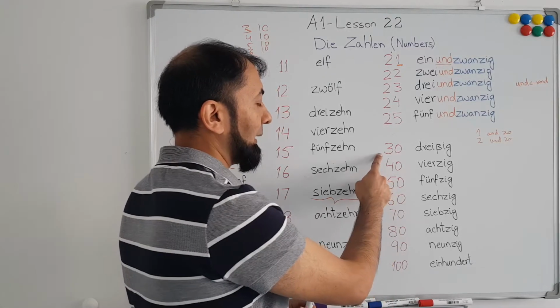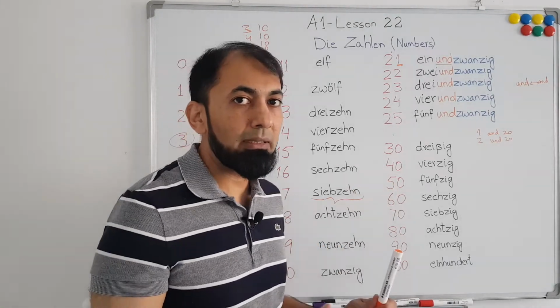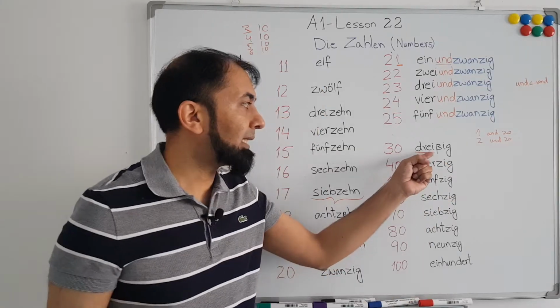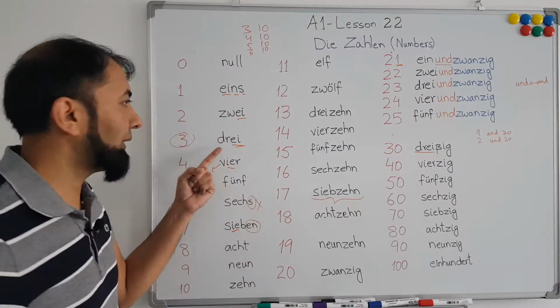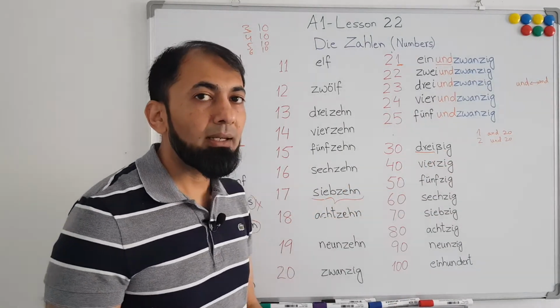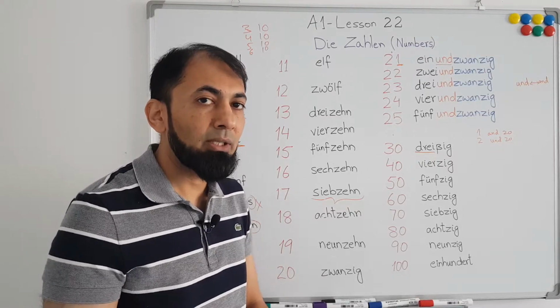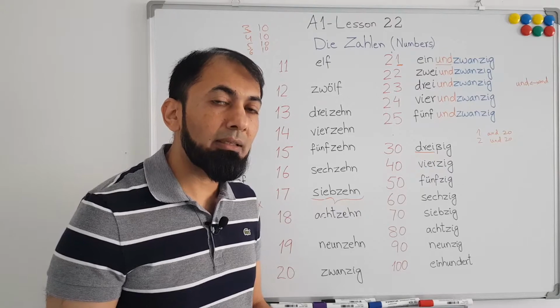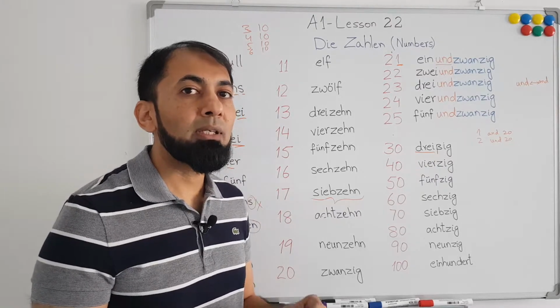Then comes 30. 30 is called dreißig. So the first number is drei, which is 3, and then dreißig. 31, ein und dreißig. 32, zwei und dreißig. 33, drei und dreißig.